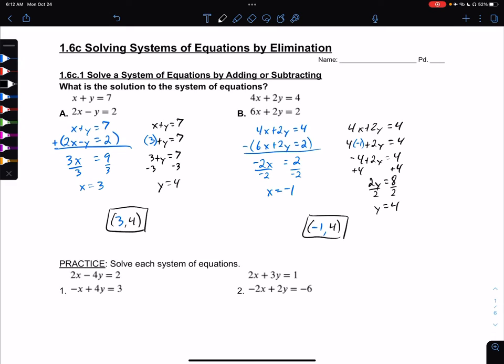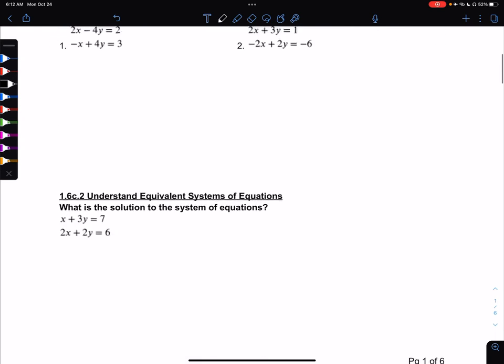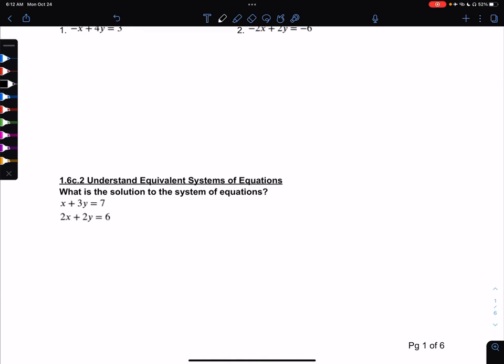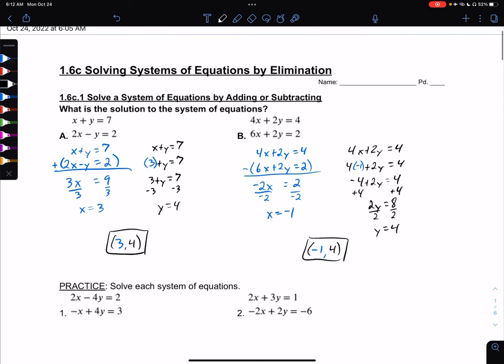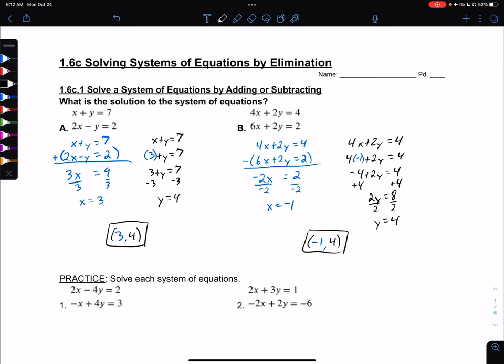And that's my solution. Now for these, they're pretty direct when they're set up nicely for you. You'll see in a later video what to do with something called equivalent expressions or equivalent equations, equivalent systems, which you'll see in example 2. But what you want to do here is you want to look to identify whether you should be adding or subtracting. To make that decision, if your values are the opposite, so here we have plus y, minus y, you're going to add your equations.